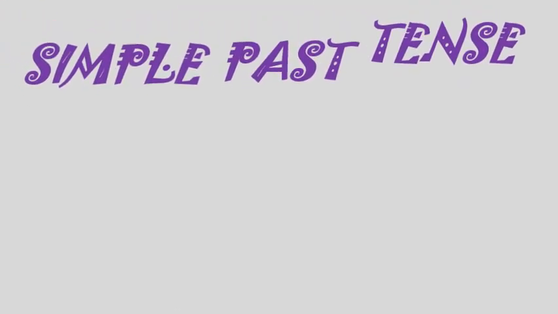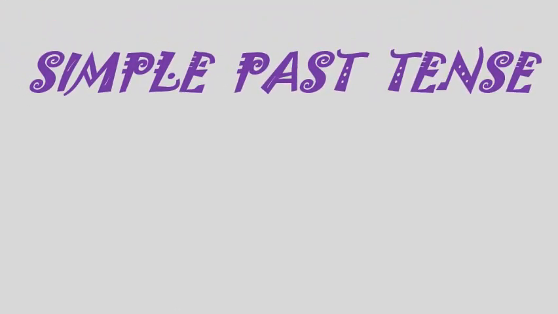Let's see the meaning and structure or identification of simple past tense. Simple past tense indicates an action took place before the present moment and that has no real connection with the present time. Or we can say past indefinite tense is also known as simple past tense.